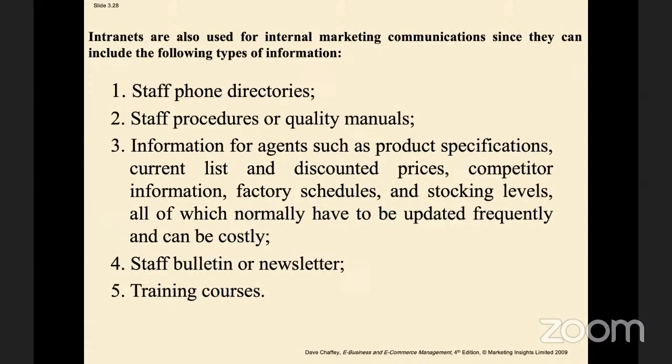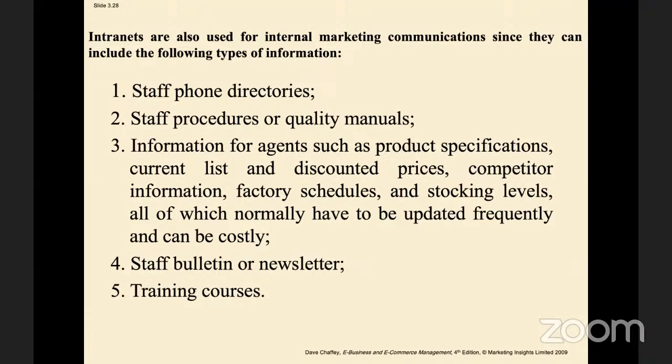Okay, next, intranets are also used for internal marketing communication, since they can include the following types of information. Number one, staff phone directories. Number two, staff procedures or quality manuals.